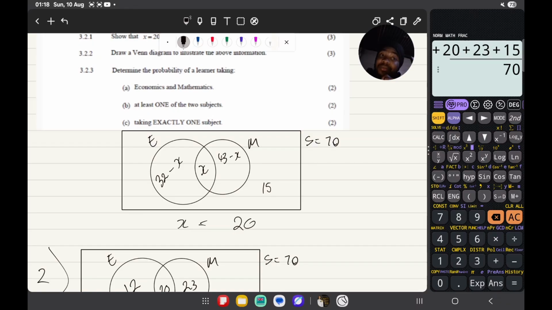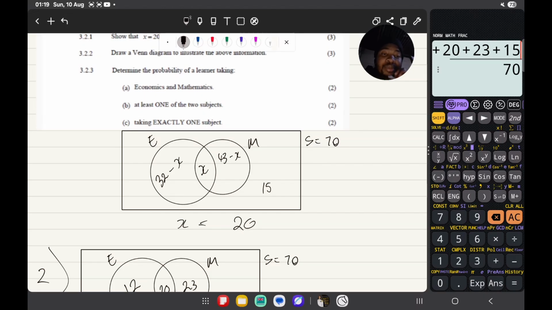What are they asking for? Are they asking for a particular probability? No. Are they asking for the probability of A and B? Maybe. Is it A or B? Maybe. What does the English say? At least one of the 2 subjects, meaning it could be economics or mathematics. So it's the or that they are talking about.